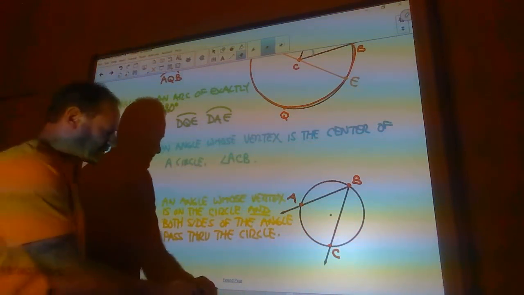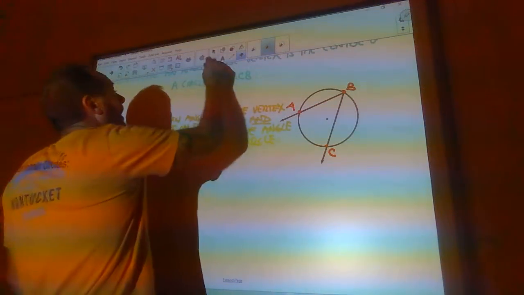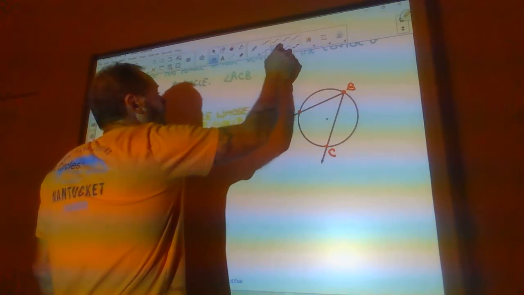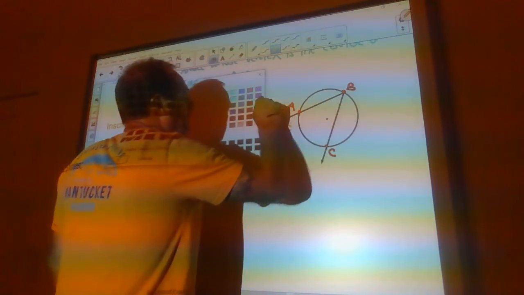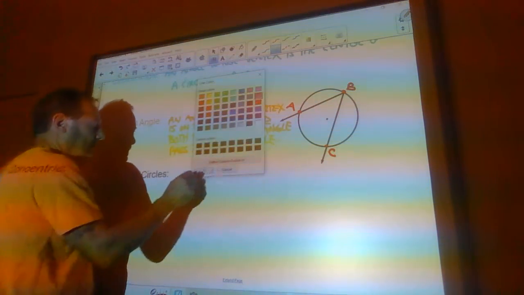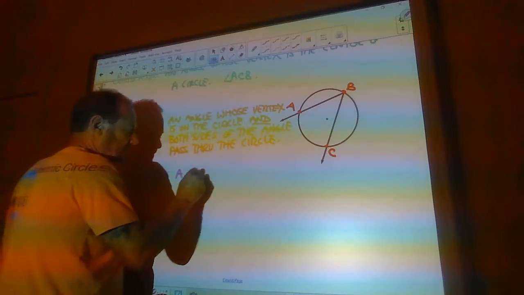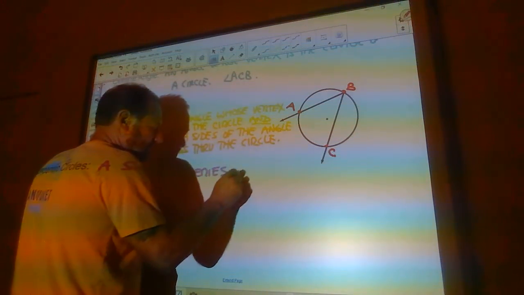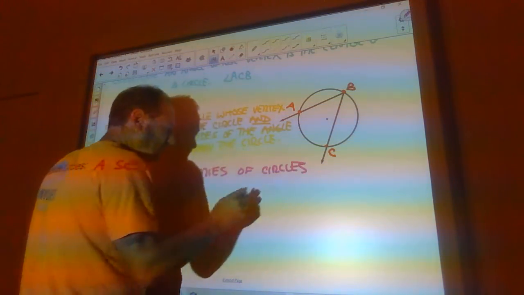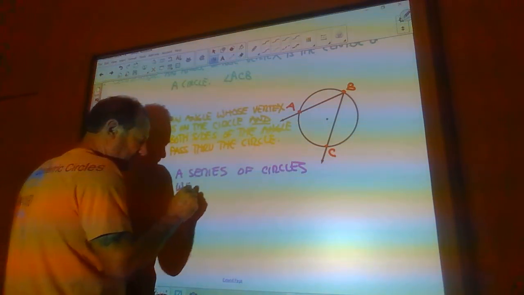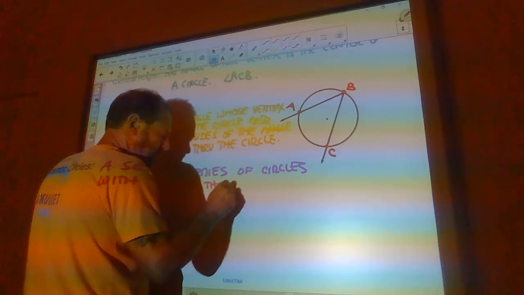Okay, what are concentric circles? Concentric circles would be a series of circles with the same center.